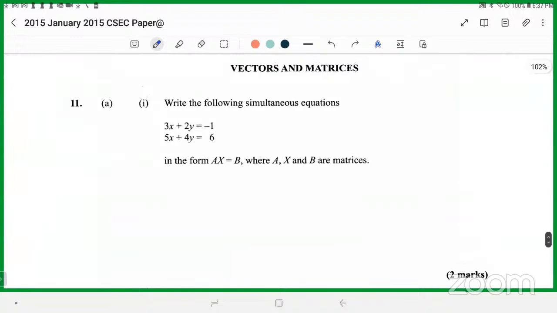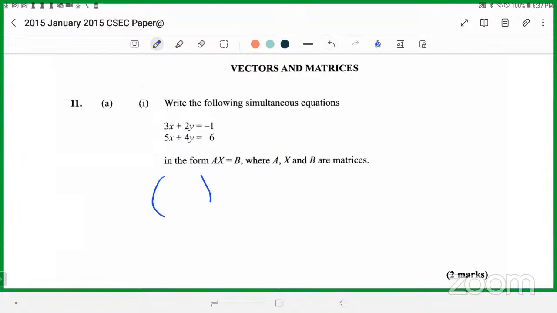All right. The question says we have to write these as a pair of simultaneous equations, and I want us to write it as a matrices equation. So we have x followed by y here, x followed by y here. So we're good to go.